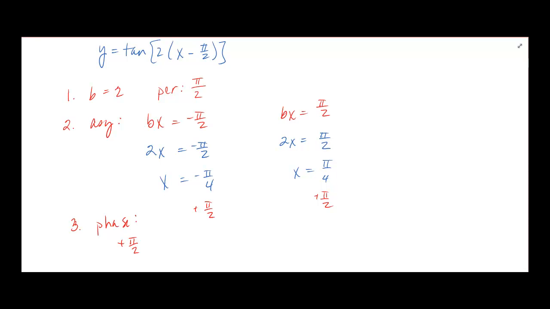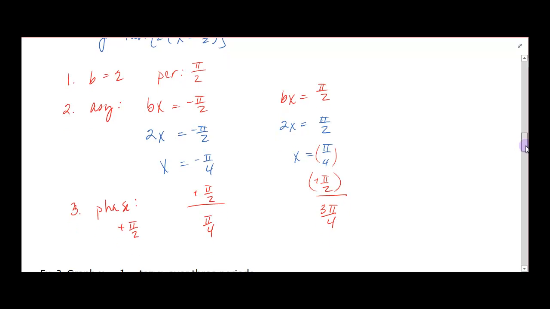In my calculator, if I don't want to do this fraction in my head, I can take negative 1/4 plus 1/2, and I would end up with positive 1/4. And I would do positive 1/4 plus positive 1/2 to get positive 3/4, which we write as 3 pi over 4. Remember, I can do math. I can add two fractions together as long as they're surrounded by parentheses, and then I do math frac inner to get the value right there.